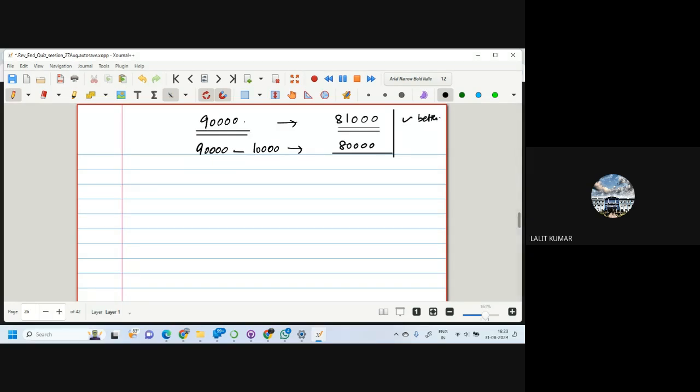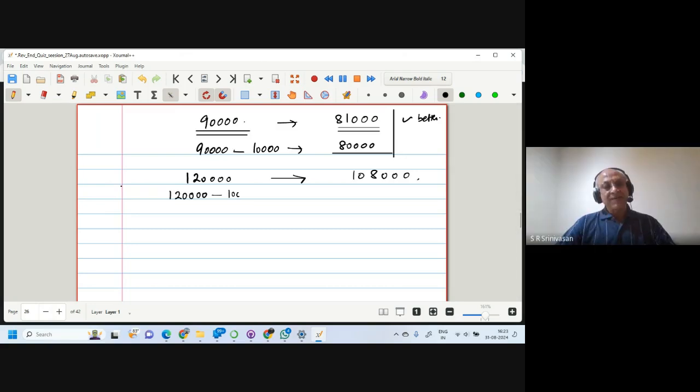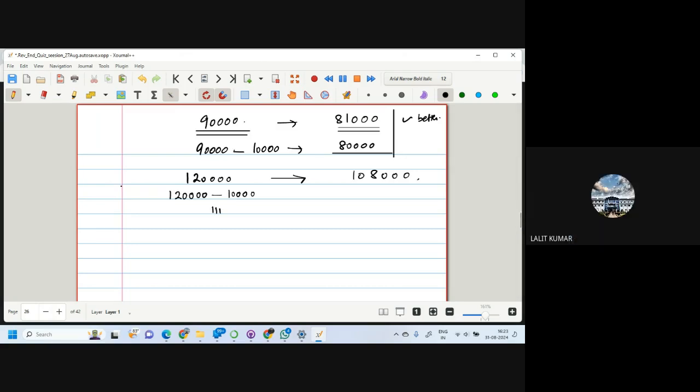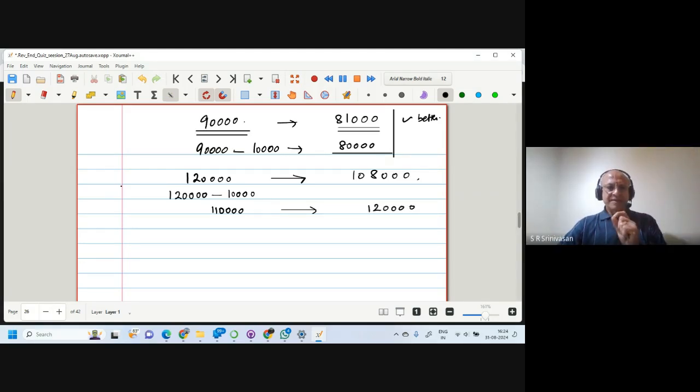In the same way, we can do it for 120,000. He will get 108,000 with the 10% policy, whereas with the flat 10,000 deductible he will get 110,000, because he does not get the 10,000 deductible.